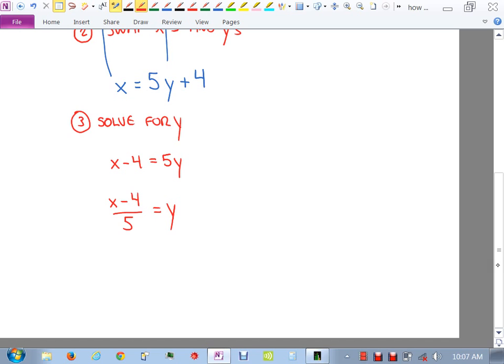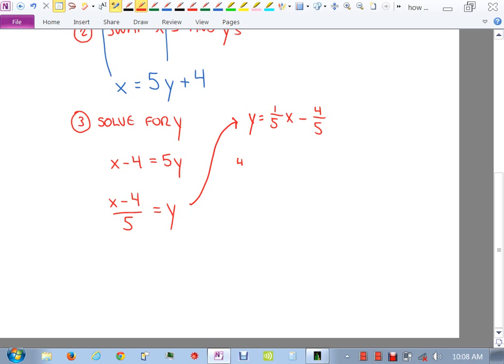I took the blue equation, I moved the 4 to the left side, and then I divided everything by 5. And I'll go one more step. I'm going to move it over here. I'm going to do 1/5 x minus 4/5. Actually, I'm going to put y in front of it. y equals that. All I did was split the fraction on the left into 2 fractions, right? x over 5 and negative 4 over 5. And I wrote the x over 5 as 1/5 x.